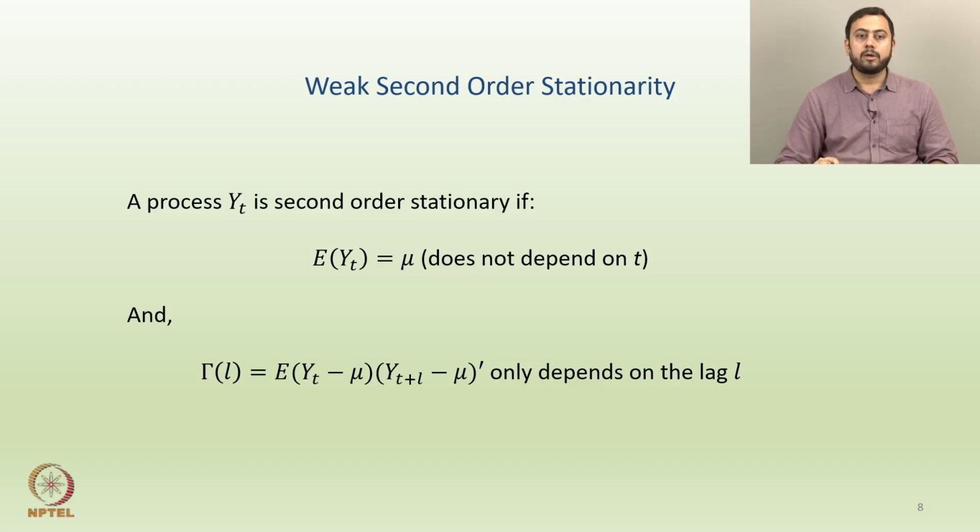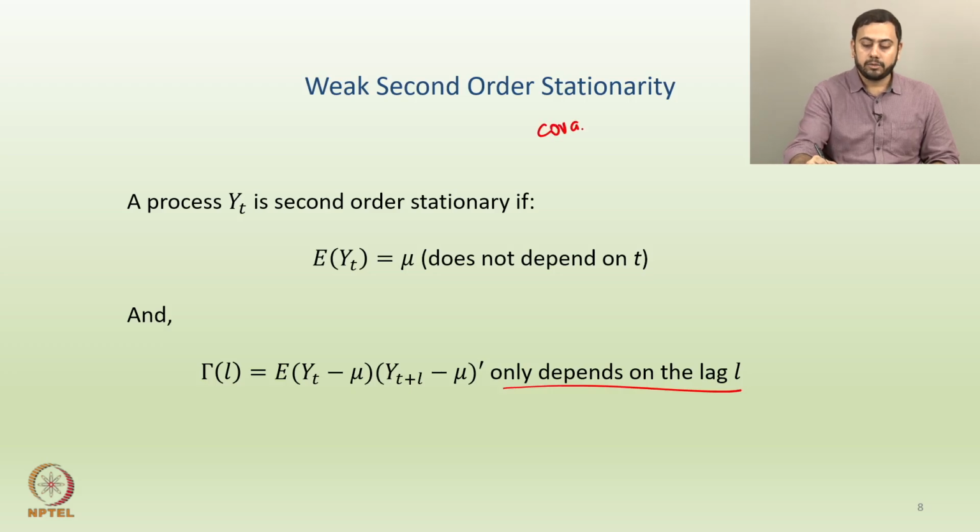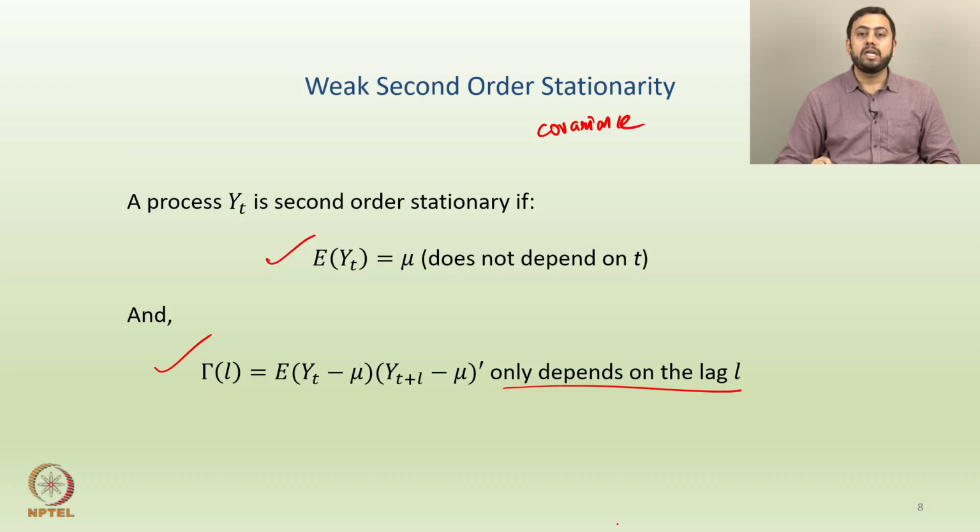And the cross covariance matrix, gamma L, which is the expectation of (yt minus mu) times (yt plus L minus mu) transpose, only depends on the lag L. By the way, another name of such stationarity is covariance stationarity, so you can write it down. Of course, two points to remember here: the mean should not depend on t, and the cross covariance matrix should only depend on the lag, which is L.